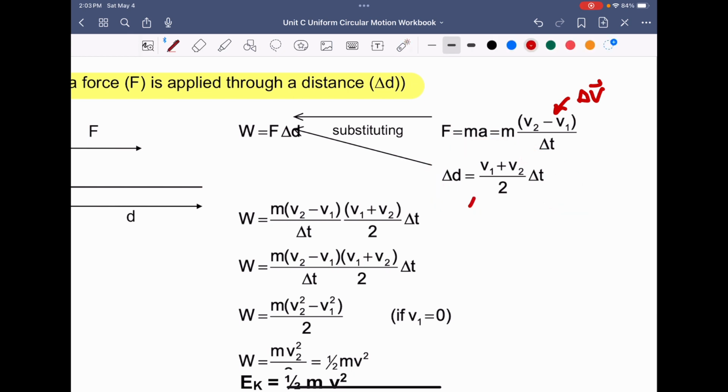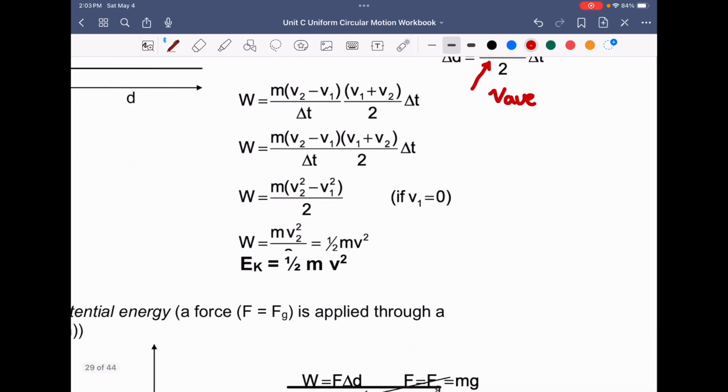I'm even going to write that in the numerator here. This entire first term here is the average speed, or average velocity. So if we have the change in velocity for the first piece and the average velocity for the second piece, we can do a substitution of F and D in this case. When we plug those two together and put this formula together, it gives us this derivation of EK, which is equal to 1/2 mv squared.